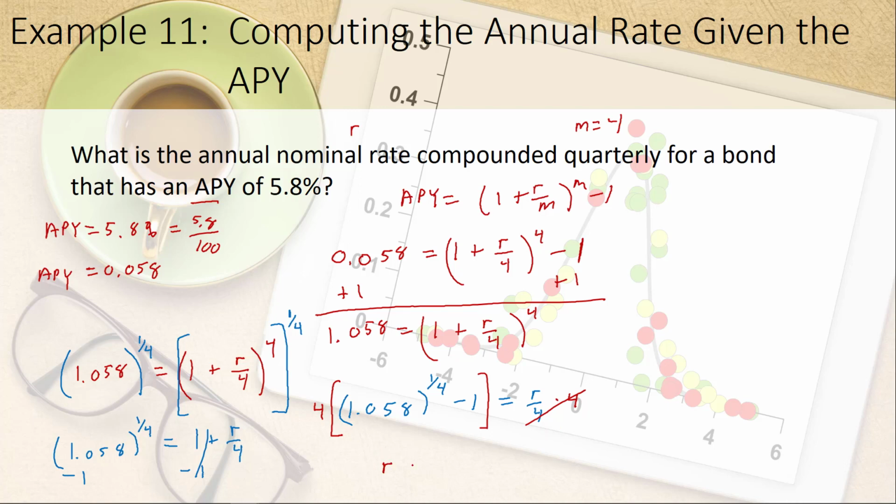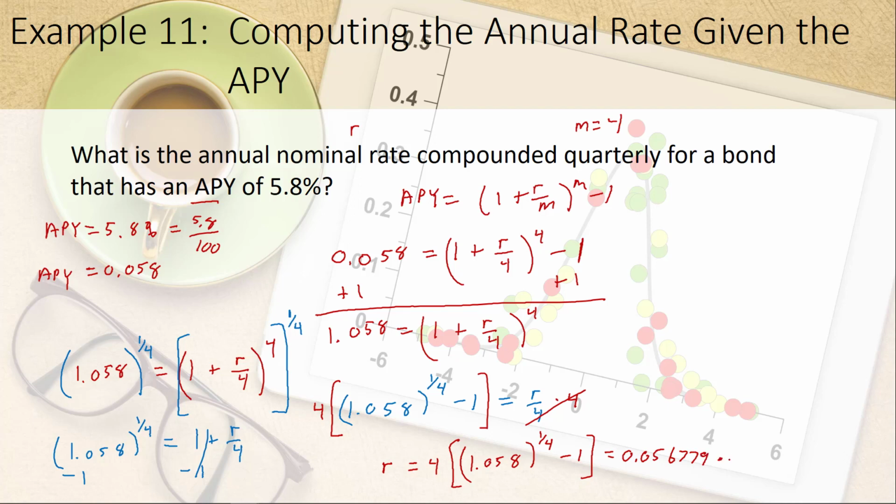For this part, you're going to have 4 times the quantity 1.058 to the 1/4 power, that is the fourth root, minus 1. And that is what you would need to knock out on your calculator. This will give you an interest rate as a decimal of 0.056779 and some more.